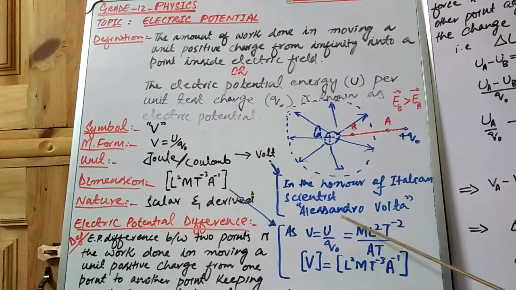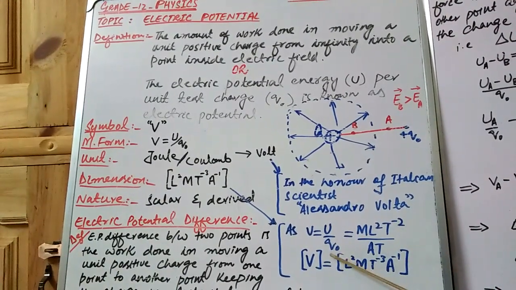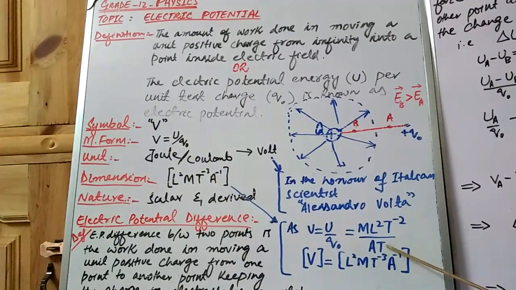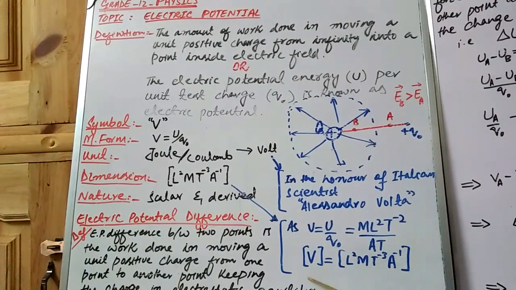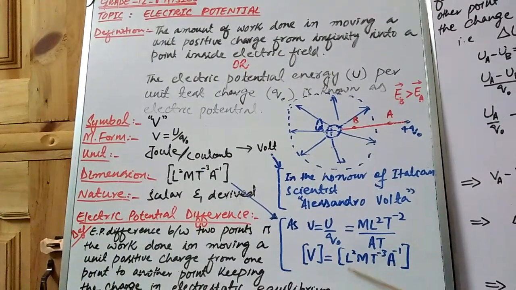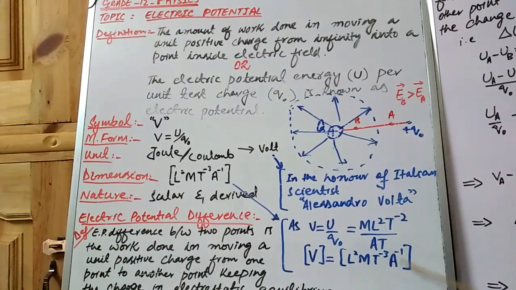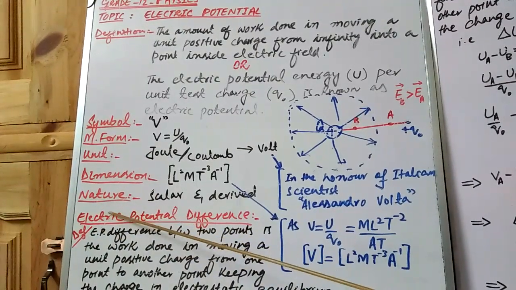Dimension of potential energy is this, and dimension of electric charge is this. By simplification, overall we get the dimension of electric potential as L square M T minus 3 A minus 1.